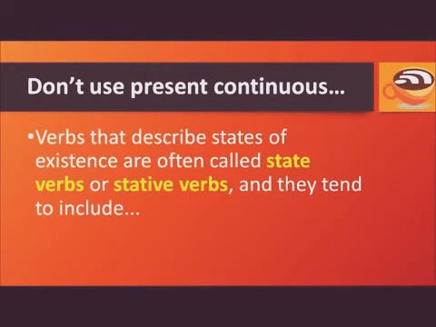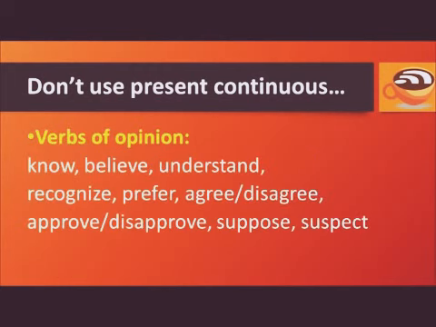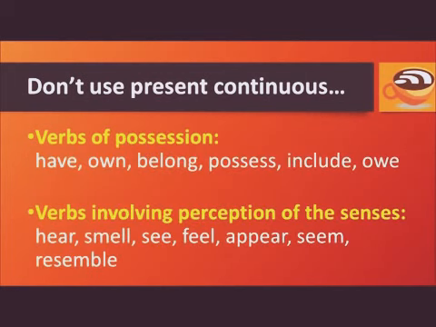They tend to include verbs of opinion, like know, believe, understand, recognize, prefer, agree and disagree, approve and disapprove, suppose and suspect. Verbs of possession, like have, own, belong, possess, include, and owe. Verbs involving perception of the senses, like hear, smell, see, feel, appear, seem, and resemble.